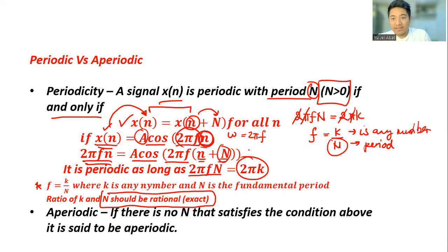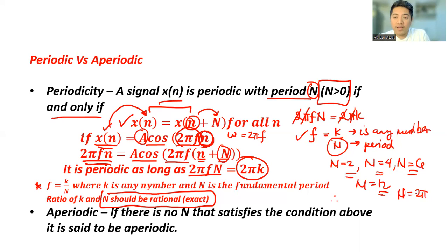Upon figuring out f equals k over N, if N is 2, 4, 6, or 12, these are exact numbers, so it is said that the signal is periodic. While if the value becomes 2 pi or 3 pi, that's irrational, and we conclude it is aperiodic.